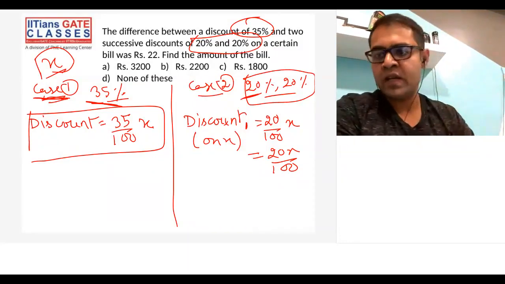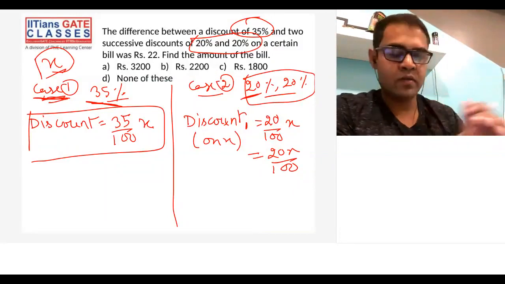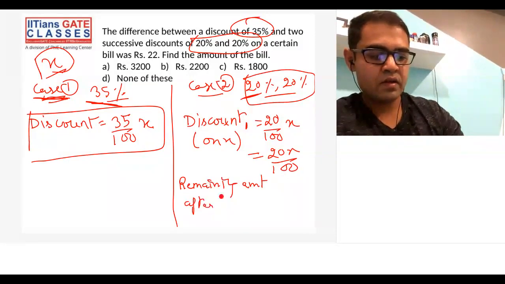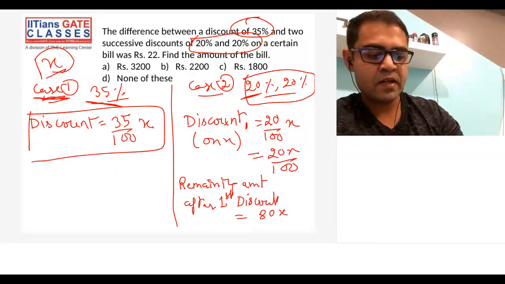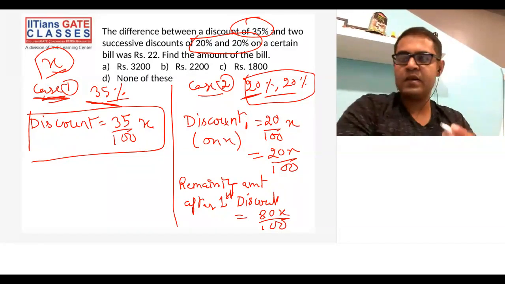Now see, the remaining amount after the first discount is how much? This is 80x by 100, right? X minus 20x by 100 becomes 80x by 100.